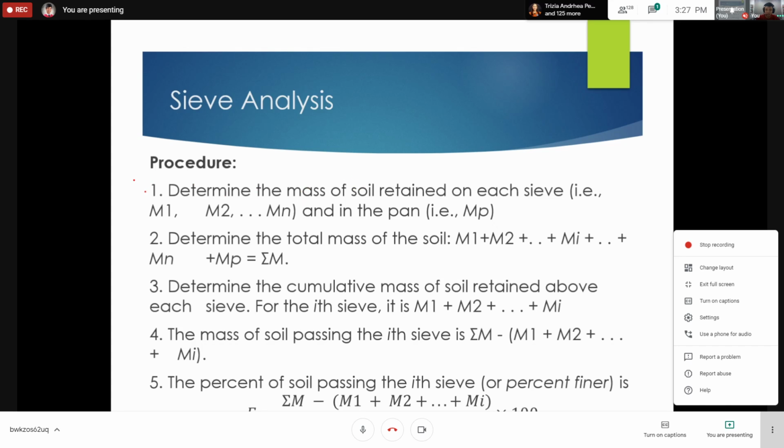In the first procedure, we need to determine the mass of the soil retained on each sieve. For example, you set up 10 different sieve numbers. After the experiment, you determine the mass of soil retained on a particular sieve, right?